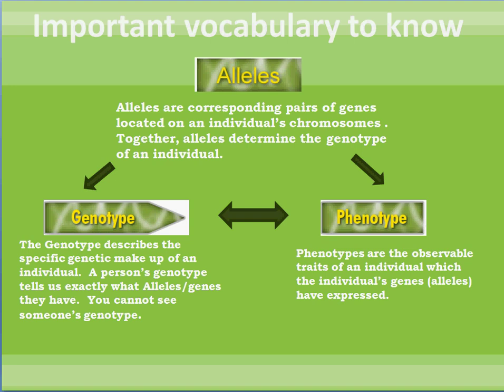And the phenotype would be what the video game actually looks like on the computer screen when you're playing it. Humans' genetic code is very similar. We have genotype, which is the code for each trait, and then the phenotype is what physically we look like based on the genetic code or the genotype.